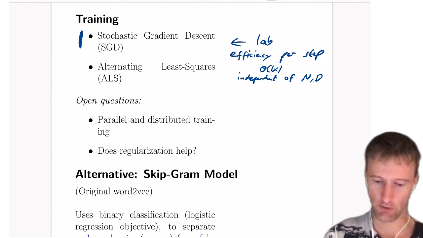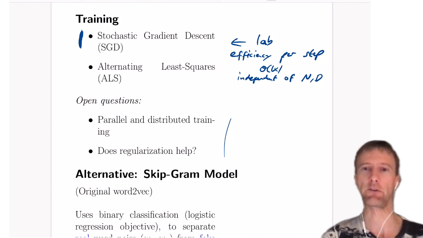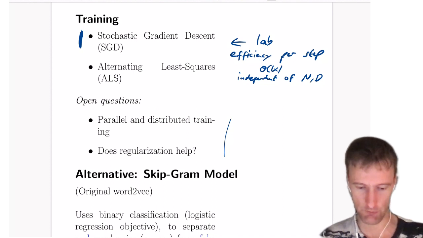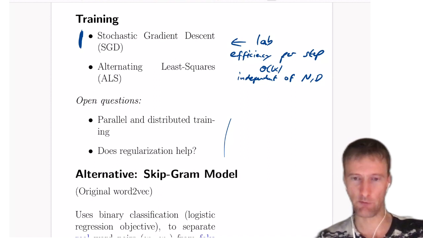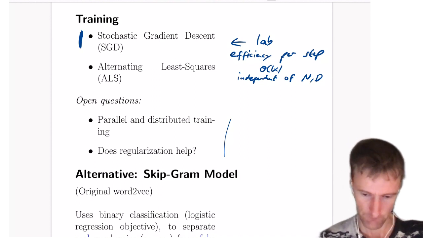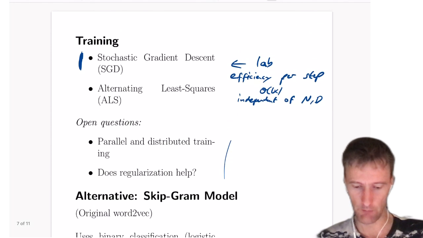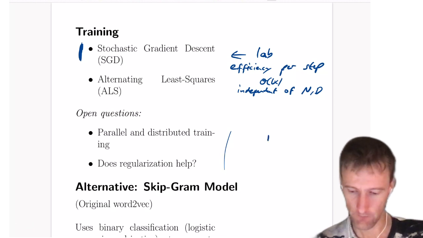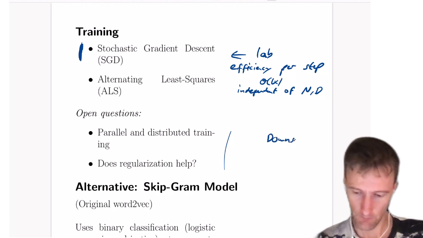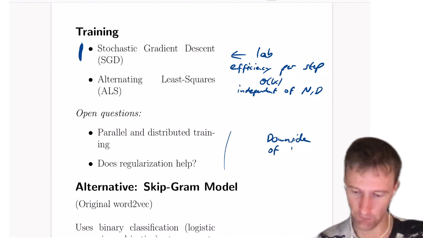Okay, yeah, you can modify it a bit, you can do regularization, you can ask how we can parallelize this, so there are still a few open research questions there. There is one major downside of GloVe, and that is that we have to pre-compute this entire matrix. The co-occurrence matrix is very big.